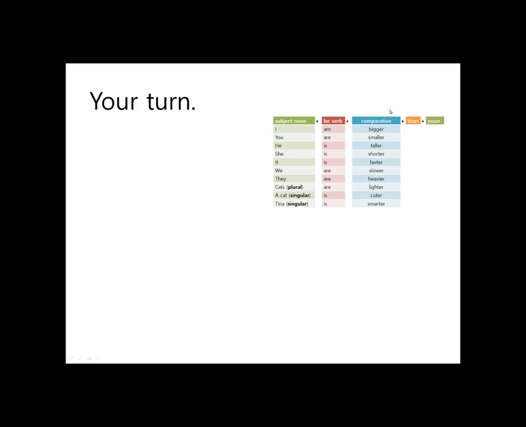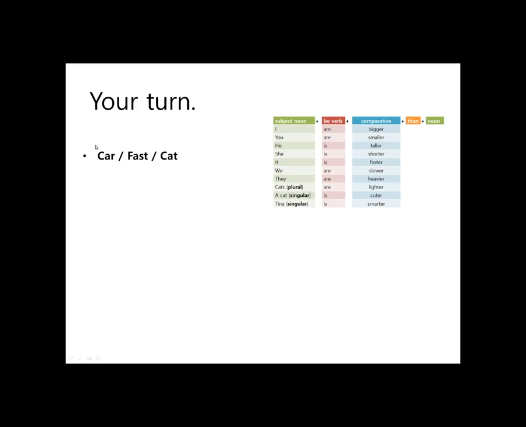Okay, so using this grammar table, I want you to try to make this one sentence. Okay, we'll do this one together. So we have car. So that's singular, it's just one car. Fast. A cat.